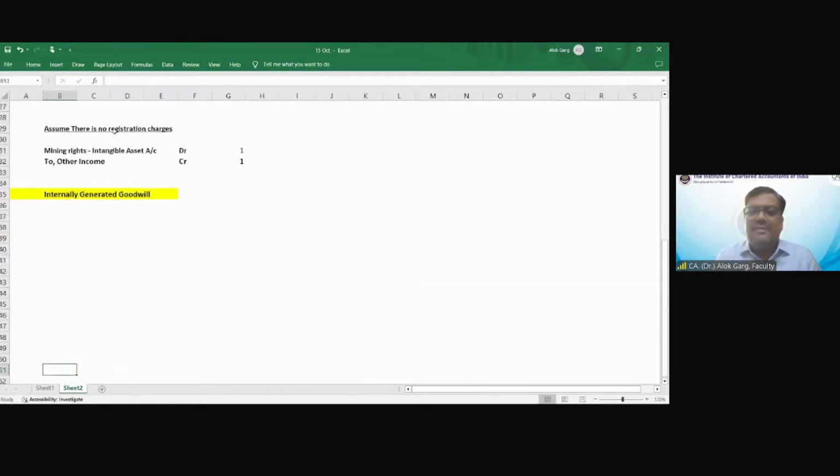So friends, Ind AS 38 specifically says that internally generated goodwill cannot be capitalized and the recognition is prohibited under Ind AS 38.